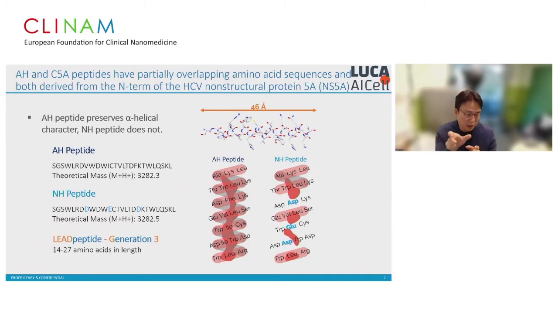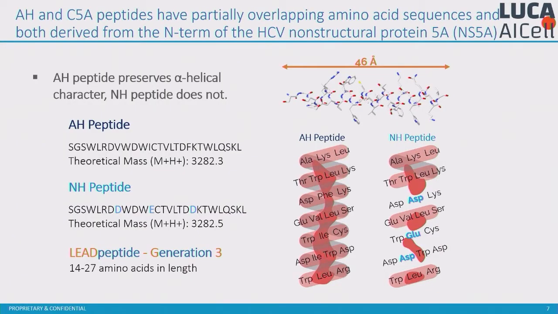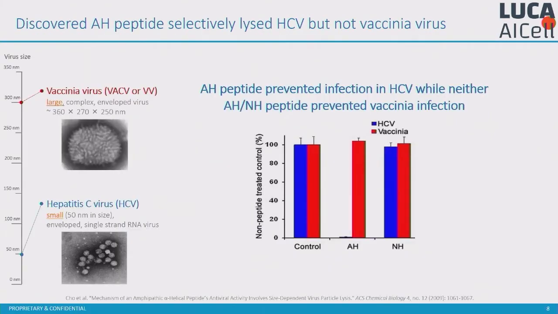We take this initial amphipathic helical part of the peptide and design what we call the H peptide, which is quite interesting in that two-thirds is hydrophilic and one-third is hydrophobic. This non-helical peptide we designed as a negative control. Now we have designed the new lead peptide concept, generation 3, in which we reduced the toxicity and increased the specificity.